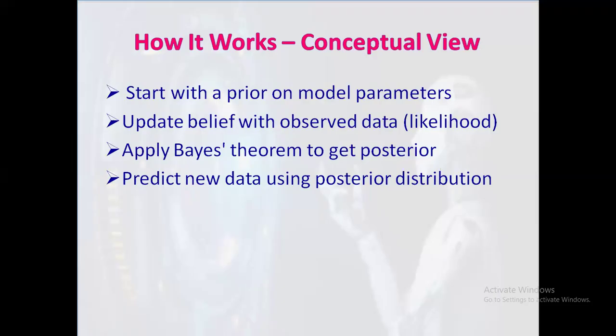This posterior distribution is then used for making predictions on new data points. Instead of a single prediction, the model outputs a distribution representing a range of plausible outcomes and their associated probabilities. This approach allows the model to adapt its uncertainty based on the amount and quality of data available.